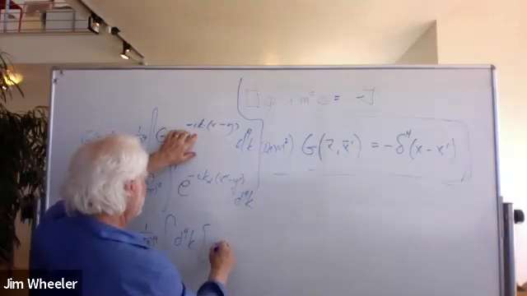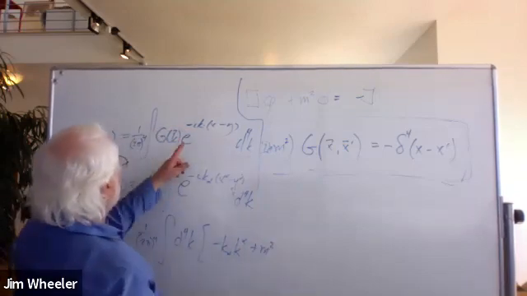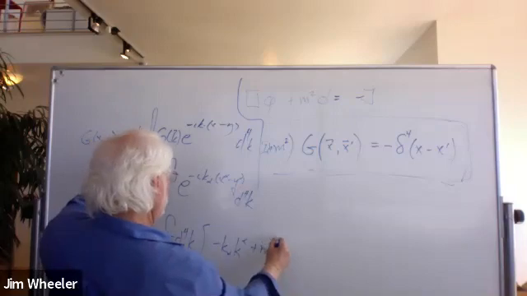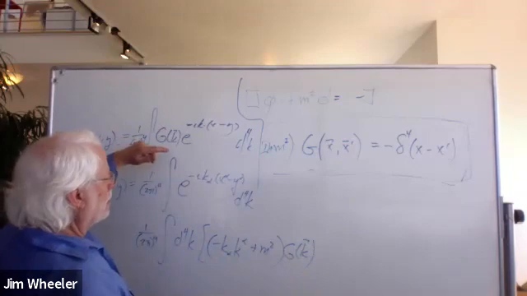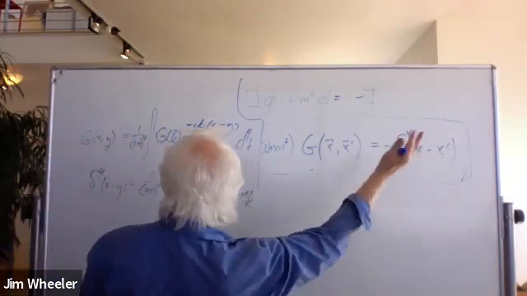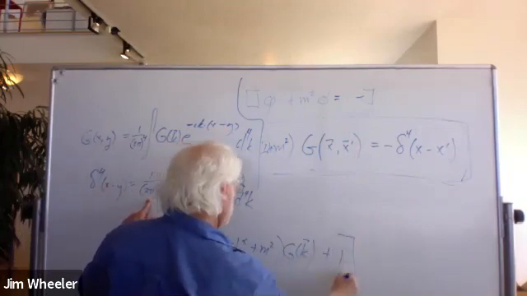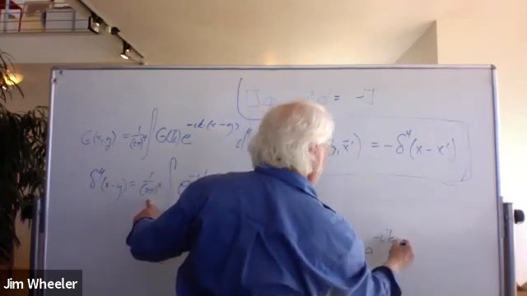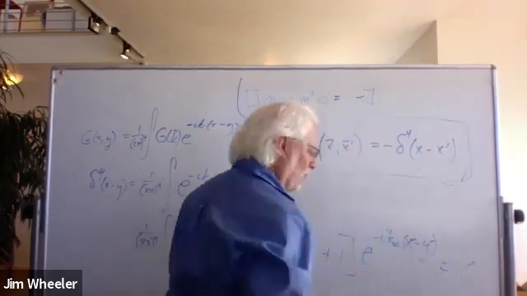So that's going to give us minus k alpha for the box, then plus m squared, then times the amplitude g of k. Then if I bring the delta to the other side, I'm going to have plus 1. And then e to the minus I k alpha, x alpha minus y alpha equals 0.